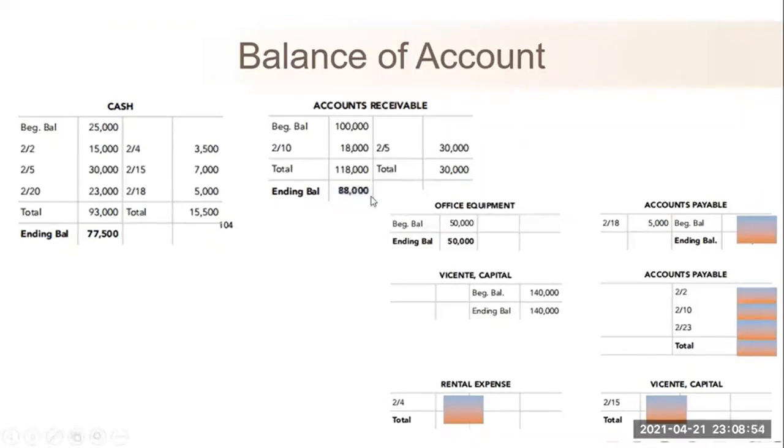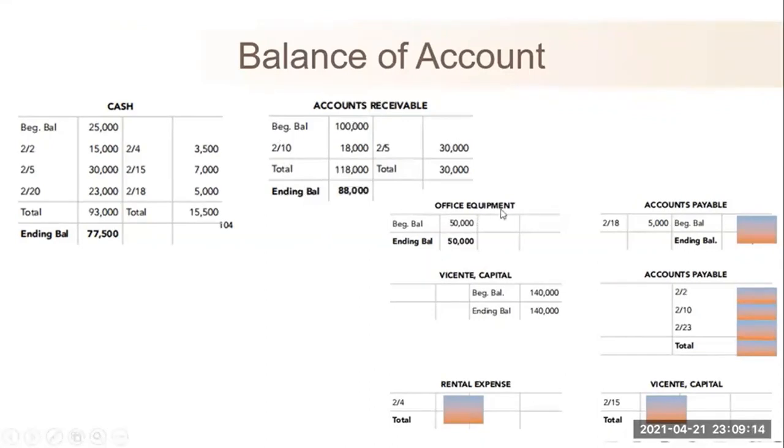Okay, so yun. 118 lang less yung 30,000. So yung normal balance natin ng accounts receivable ay nasa debit side. Kasi mas malaki yung debit sa credit. Okay? Yan, so 88,000. Normal balance na ay nasa debit.